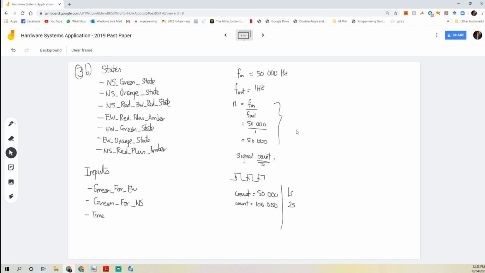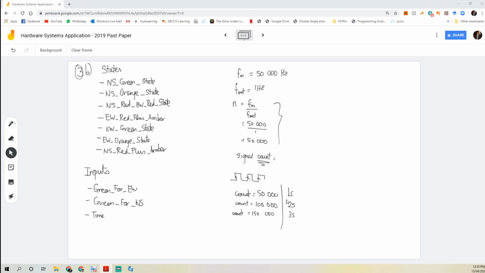And when count is equal to 150,000, 3 seconds have passed. All right? I can actually use the same counting variable to keep track of these states. So in other words, when count is equal to 100,000, 2 seconds have passed.